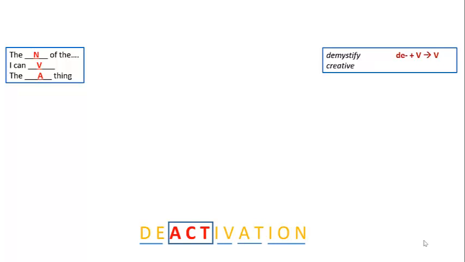Next we have iv, and if we use the guide word creative, then we know that the word create is a verb. We add iv to a verb and we generate creative, the creative thing, the creative person, which is an adjective. Then we have ate, and if we think about the guide word authenticate, then we can figure out what kind of word authentic is.